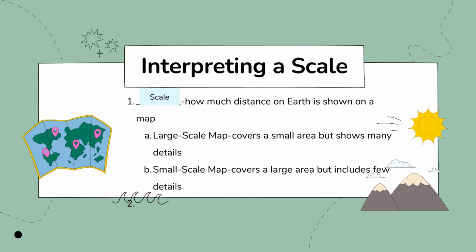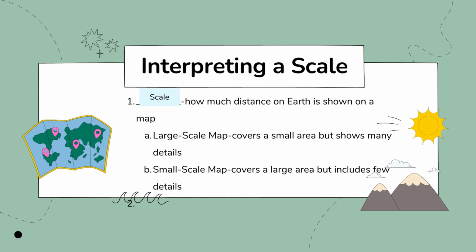It might have some of the major cities, so it would probably show Jefferson City, St. Louis, Kansas City, and then it may show some of the physical landmarks like the Missouri River, things like that, but you wouldn't see too much detail. For example, most maps wouldn't show smaller cities like St. Peter's on them. However, if you looked at a map of just St. Louis, you would probably see much more detail, like road names and businesses.